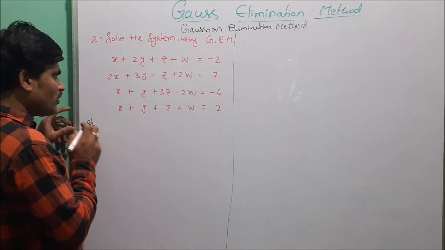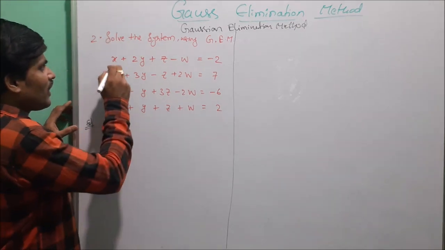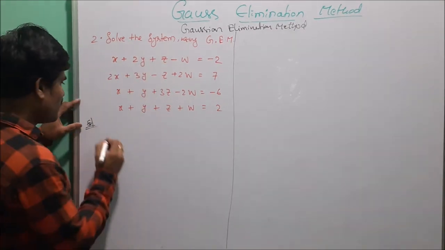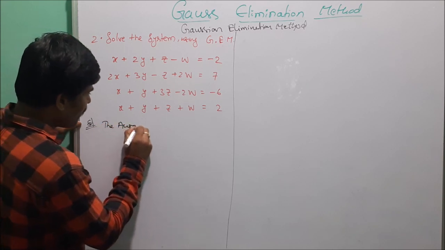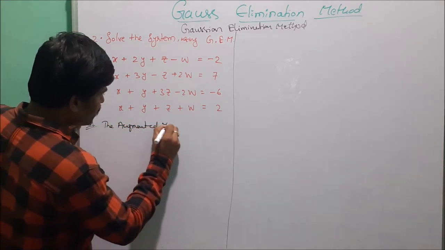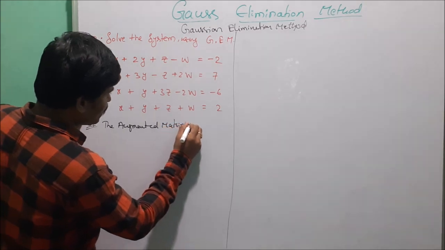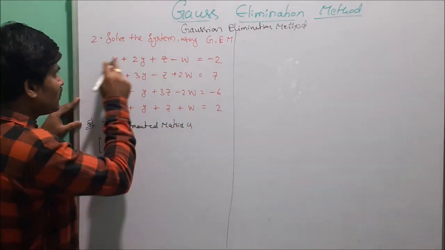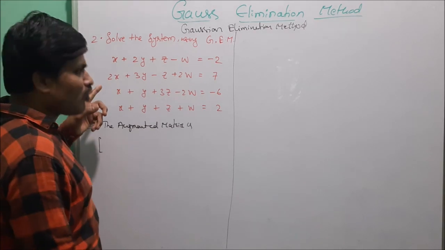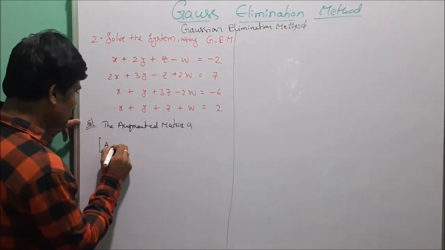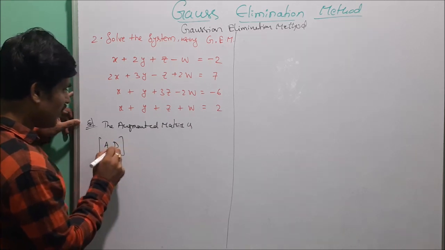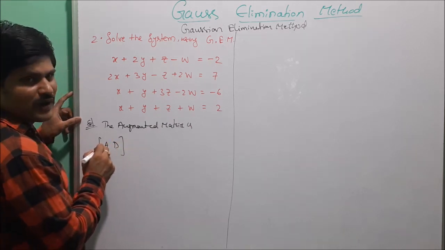Now we go to the solution. First we write the augmented matrix. Generally we denote the coefficient matrix by A and the constant matrix by D, written right beside the coefficient matrix.